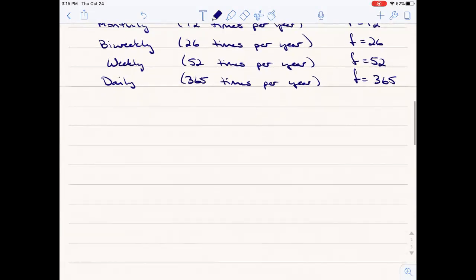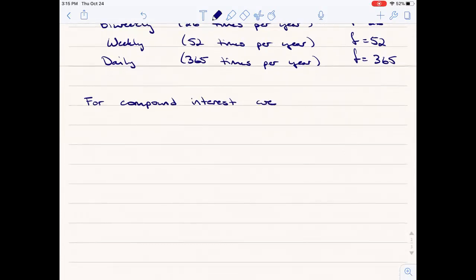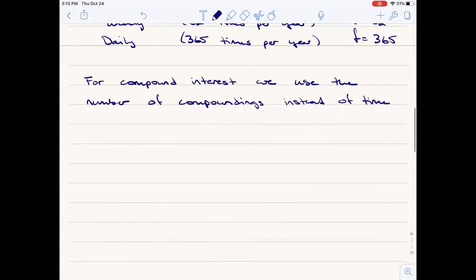And so for compound interest, we use the number of compoundings instead of time, right?